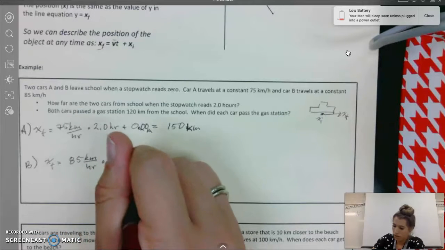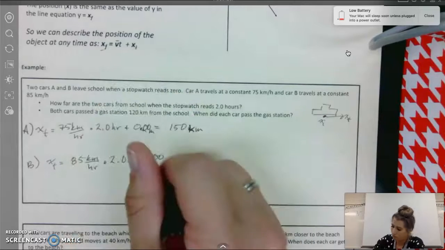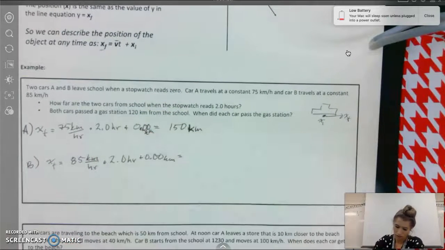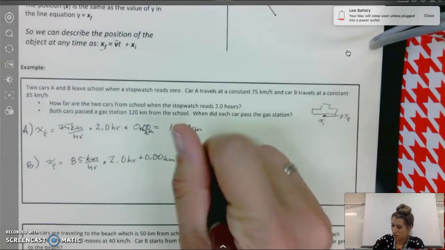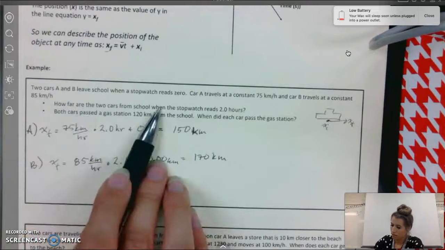We start at school again, so our x initial is just 0 kilometers. And so we're going to take our 85 times by 2. We get 170 kilometers. Okay, so that's how far the two cars were.